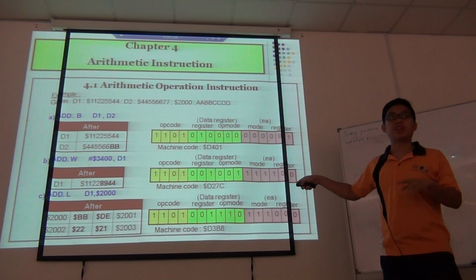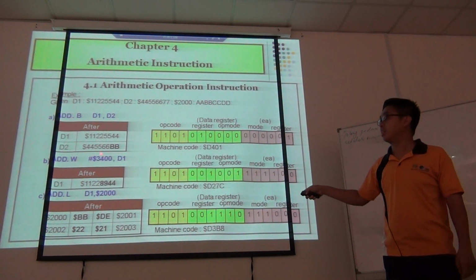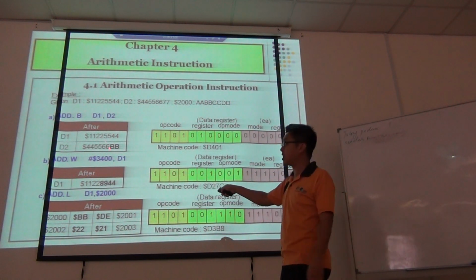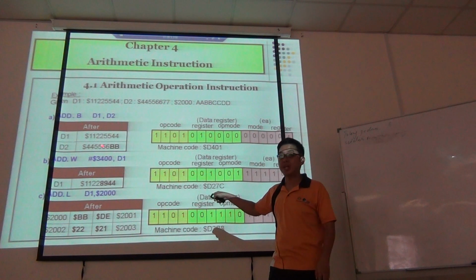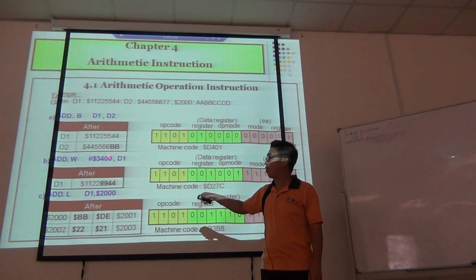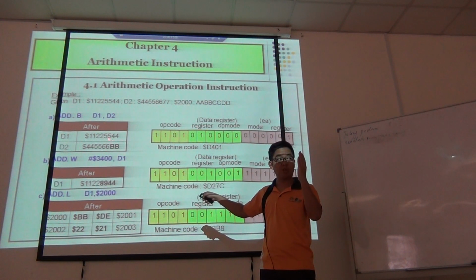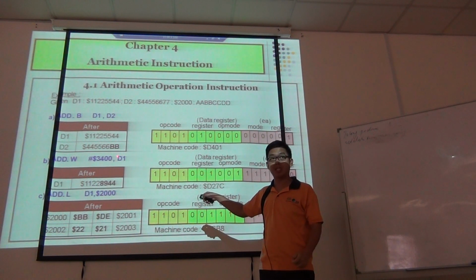Look at the second one first. Hold on. Add dot W hash dollar sign 3400, which is a number, to D1, means that you are going to add word size, these 4 digits plus D1, 4 digits only, and the answer will be saved at the D1 register.